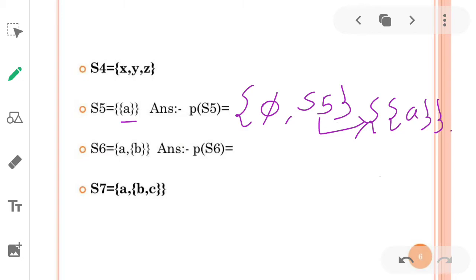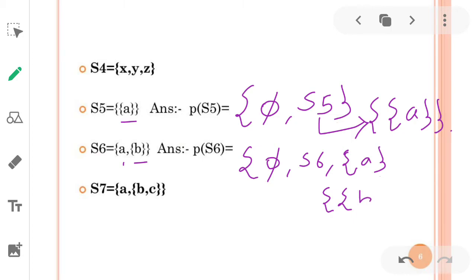S6 is equal to two elements, {A} and set {B}. So power set of S6 contains four elements: phi, S6, set {A}, next is {B}.